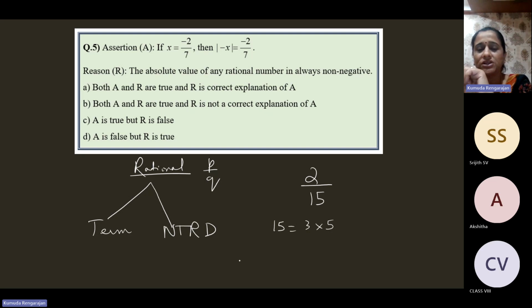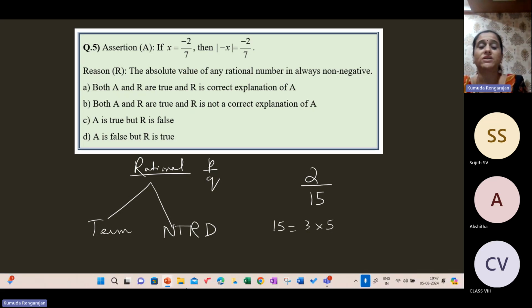If the factorization has primes other than 2 or 5, there can be 2s and 5s, however many, but if there is a prime factor other than 2 or 5, then that P by Q will have a non-terminating repeating decimal expansion.